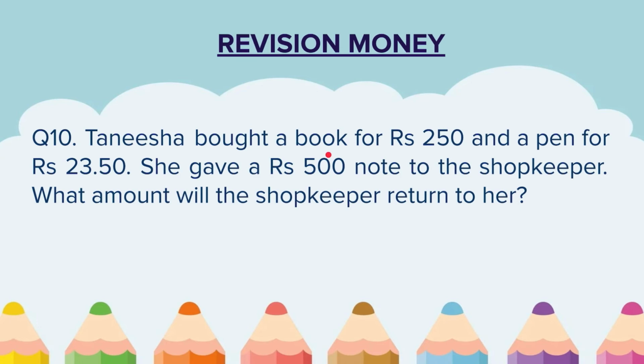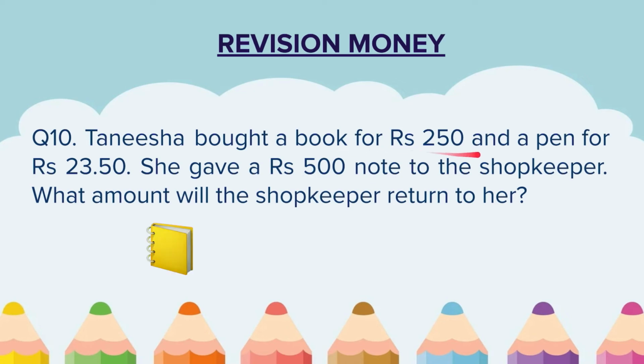Question 10. Tanisha bought a book for rupees 250 and a pen for rupees 23.50. She gave a 500 rupee note to the shopkeeper. What amount will the shopkeeper return to her? Now this is the last question and here you will be using more than one kind of the basic operations. Let us just have a look at this question.